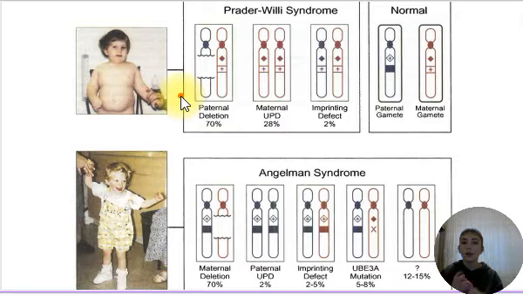Then hyperweight, obesity, right? And hypogonadism. You can memorize it like this if it's comfortable for you. So 4 H's, right?